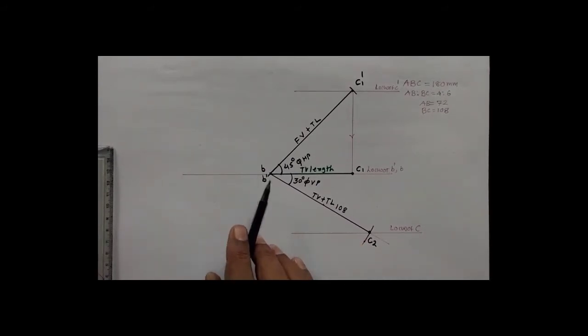For a line inclined to VP, my top view is always inclined with true length BC2, but its elevation is parallel to the XY line. So my B dash is here, and my C2 dash will appear on the locus of C dash.